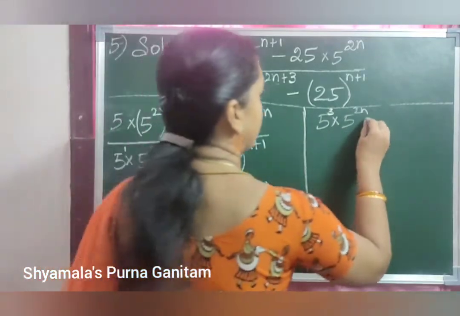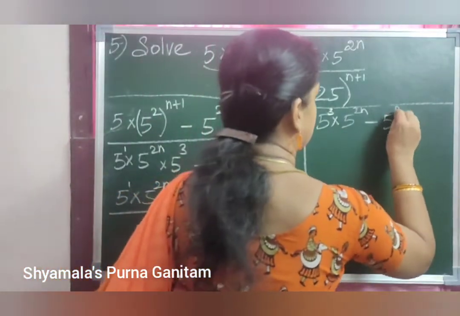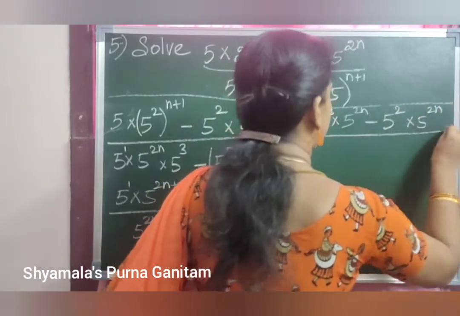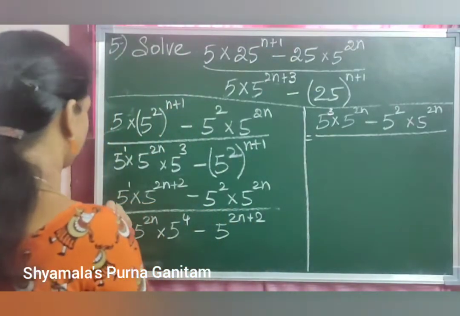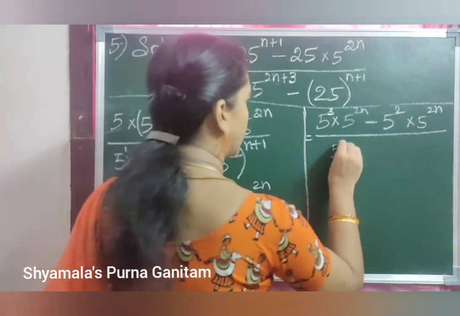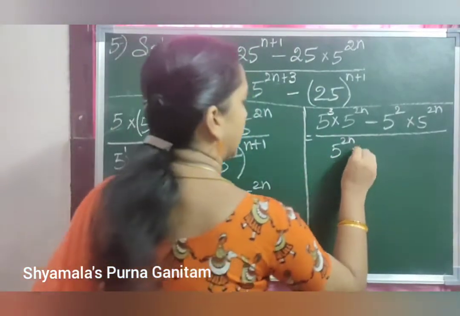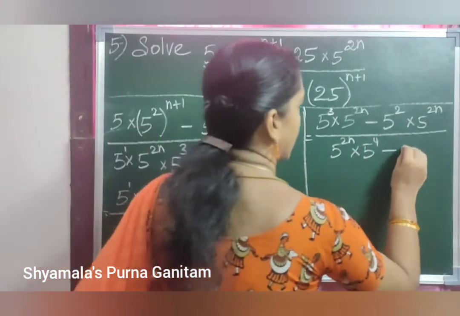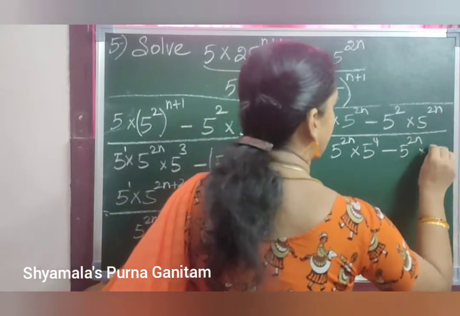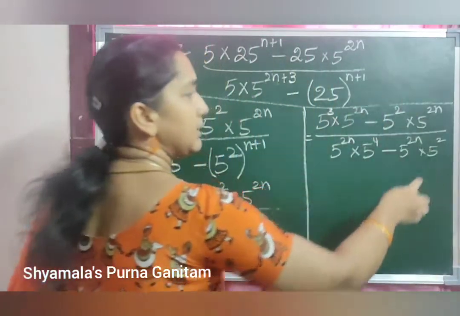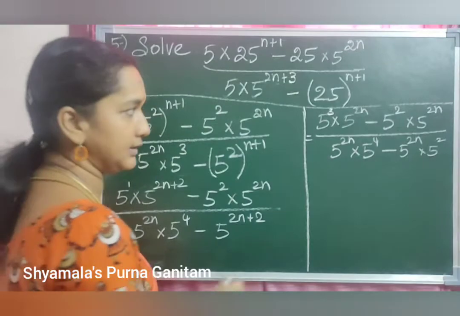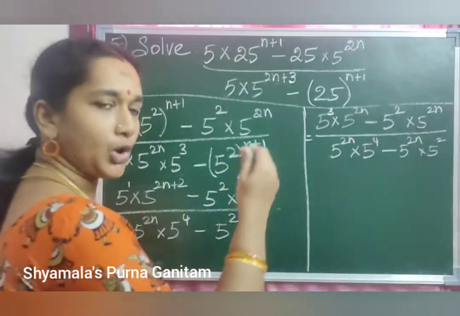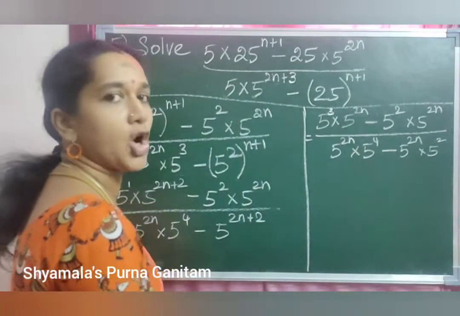Minus this one I am writing as it is, 5 power 2 into 5 power 2n, divided by 5 power 2n into 5 power 4 minus 5 power 2n into 5 power 2. Why I am splitting it and writing like this is, in all the terms I have 5 power 2n. So I can take that 5 power 2n common outside.